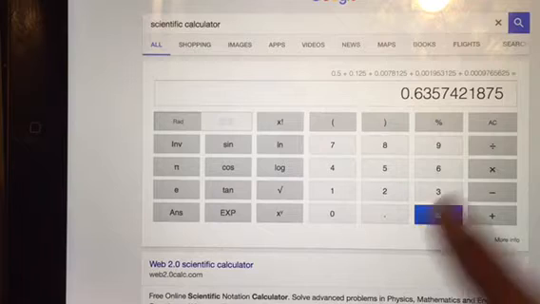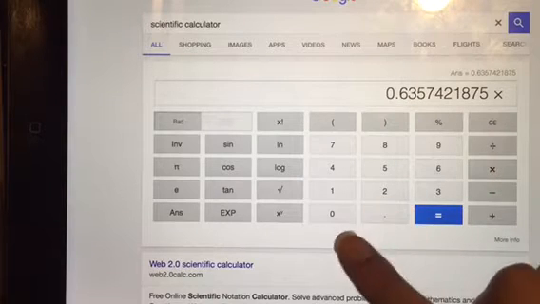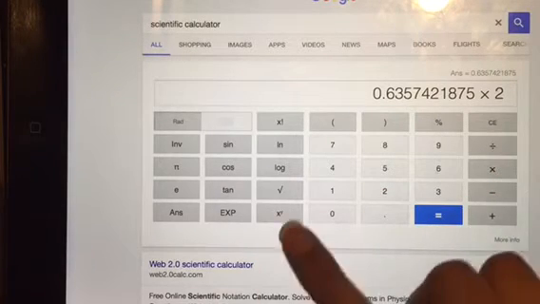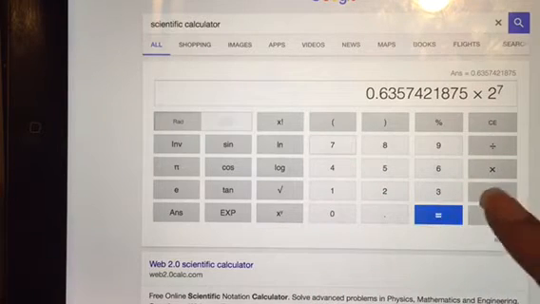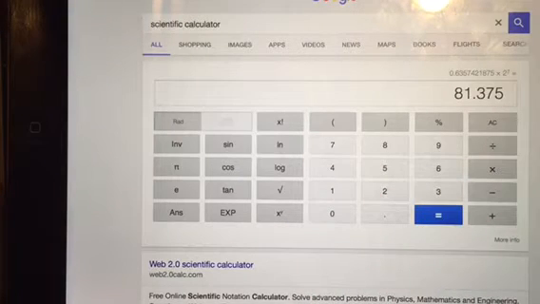That should be right. And remember, we moved it back 7 places, so we're going to do 2 to the power of 7, which should hopefully bring us 81.375.